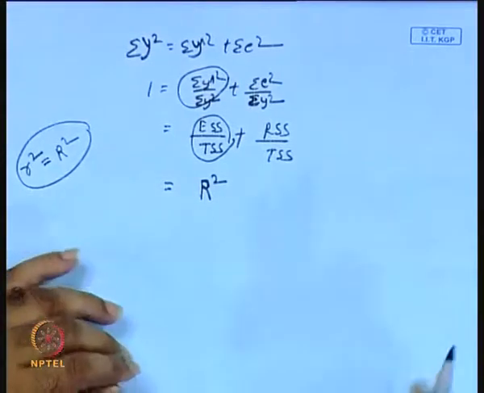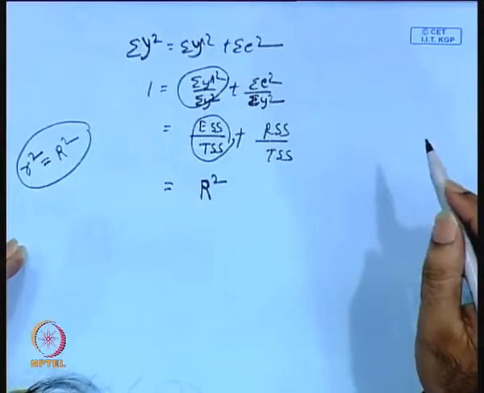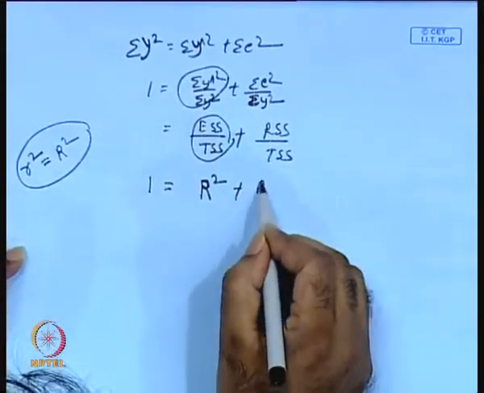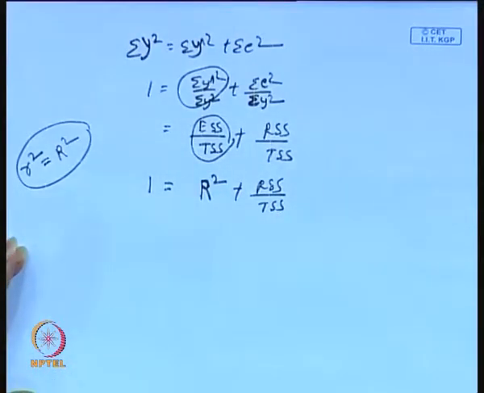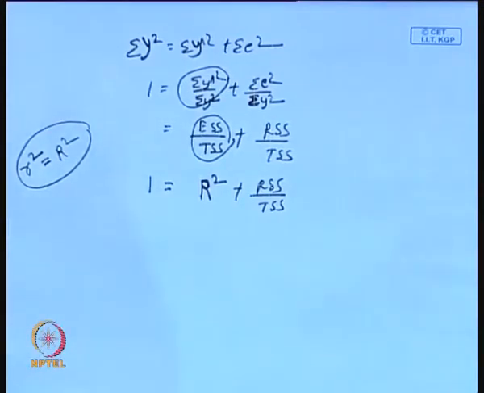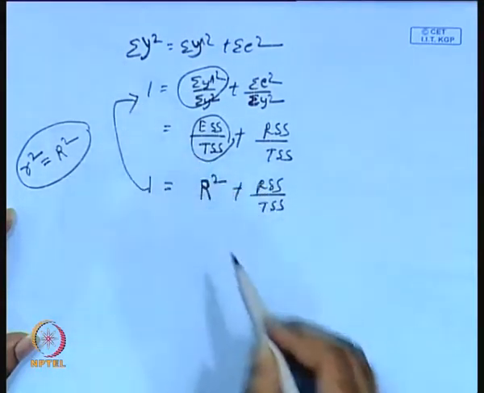So, r square is the ratio between explained sum of squares and total sum of squares. By default, 1 equals ESS by TSS plus RSS by TSS. Now there is a beautiful interpretation here. Fortunately, this particular item can again be turned into this one.